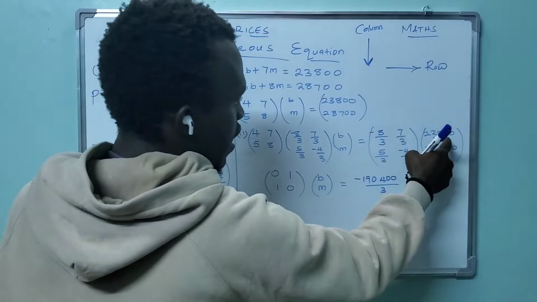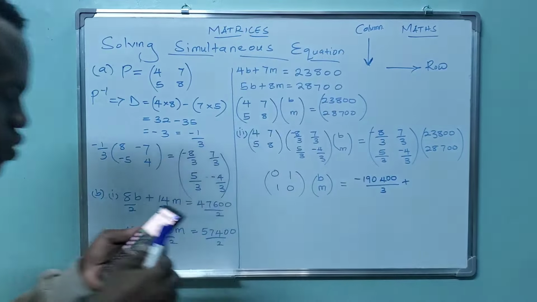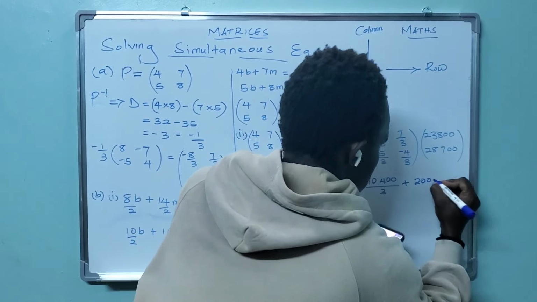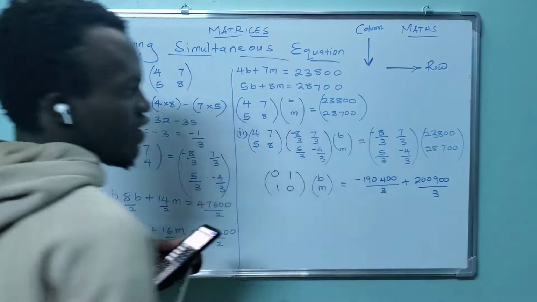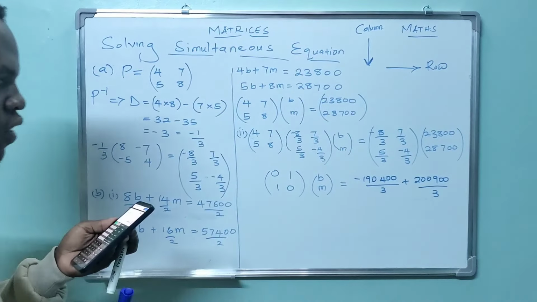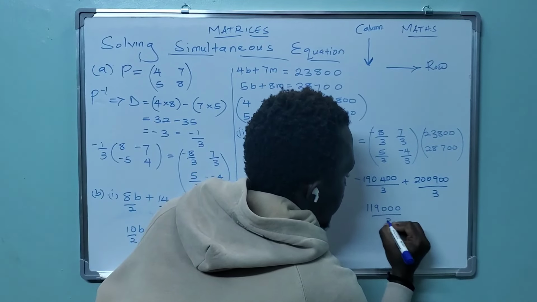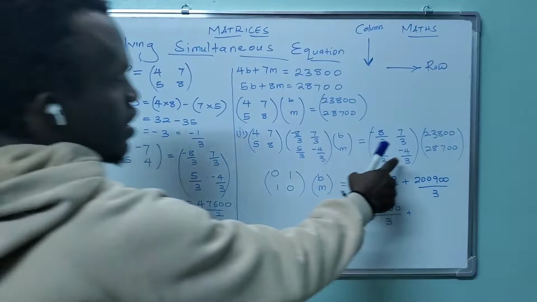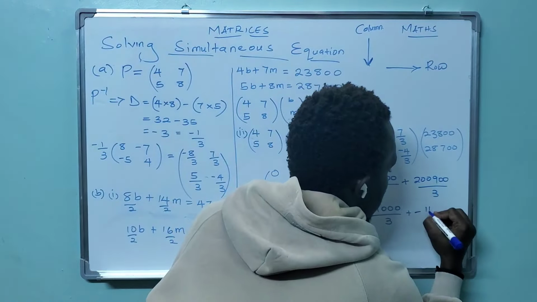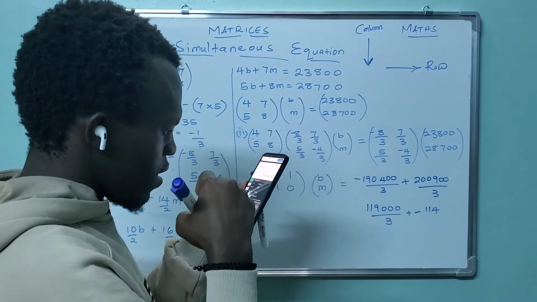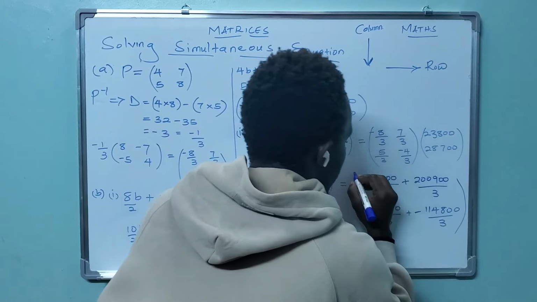Then this and this, 7 over 3 multiplied by that, so plus 200, 900 over 3. Then now let us go to the downer row with all the columns. 119 that over 3. Then plus negative 4 over 3 multiplied by 28, 700, negative 114, 800 over 3. That is what I'm going to have.